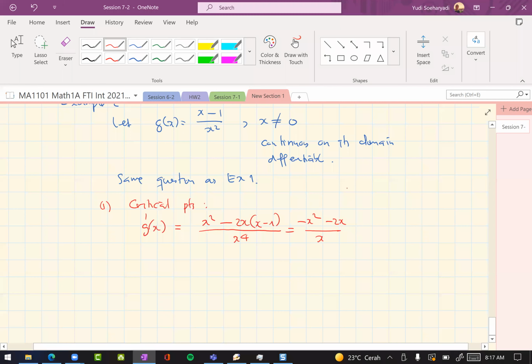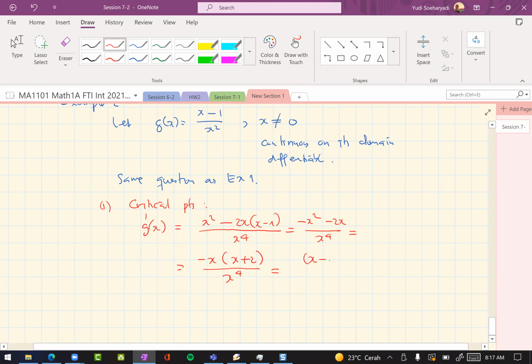And then you have also, this is just negative 2x. So you have minus x here, 2. Okay, so you can simplify this a little bit.